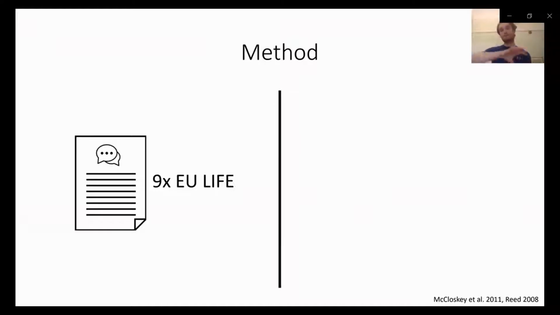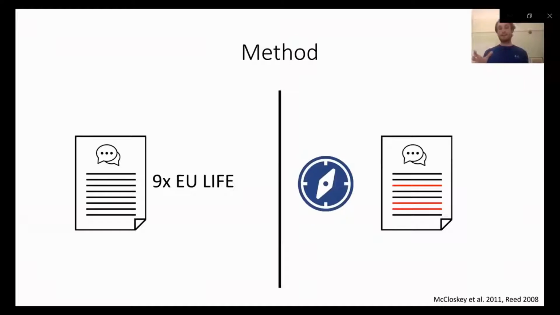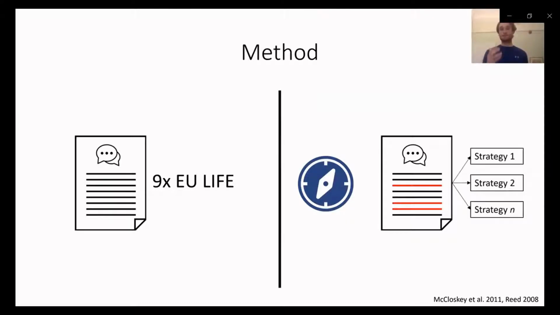After I transcribed these interviews, I used a framework on community engagement that I found in the literature, which has a number of different strategies in it. Then I looked at whether these projects use similar things, and which kind of strategies they use. Subsequently, I mapped all those different strategies and put it all together.